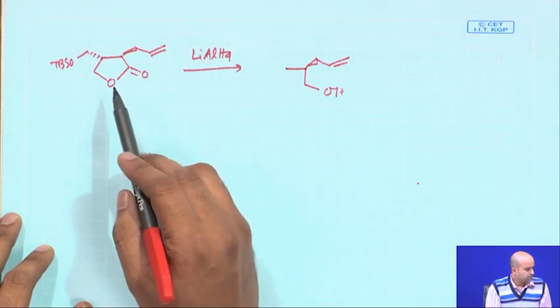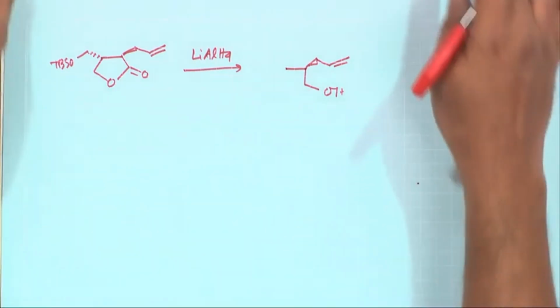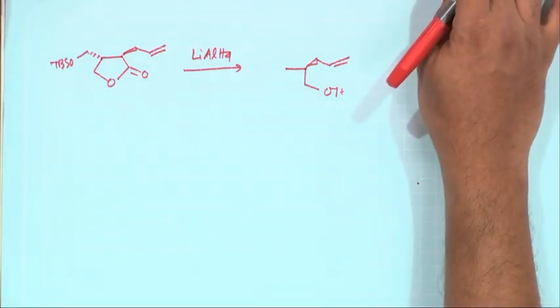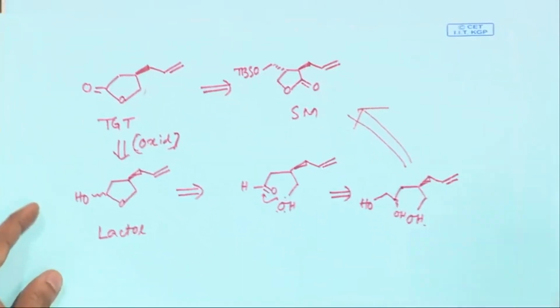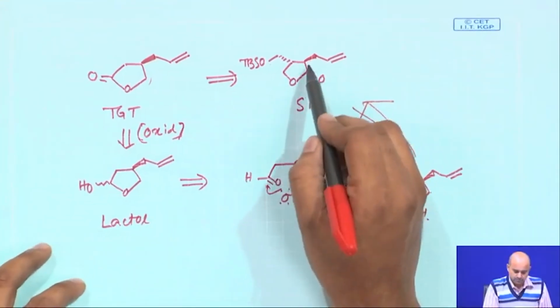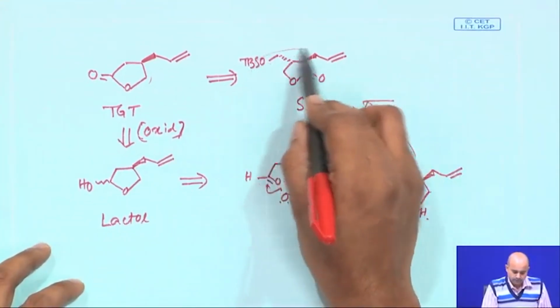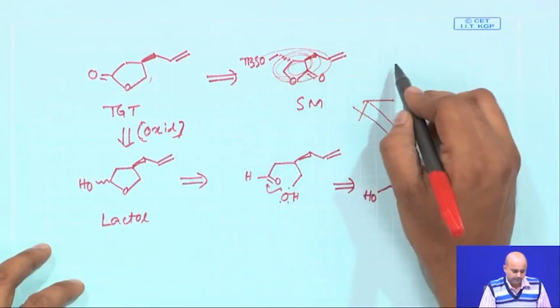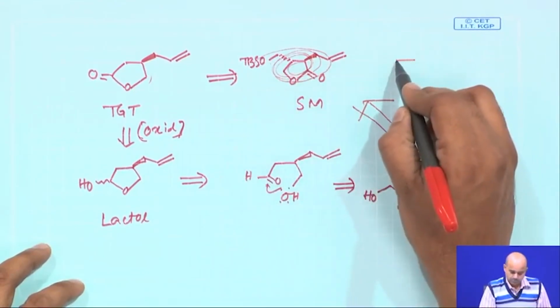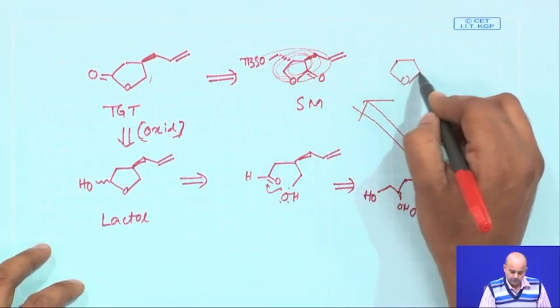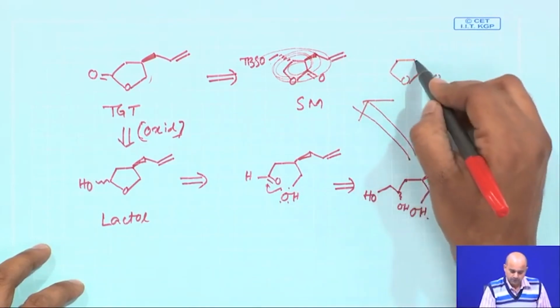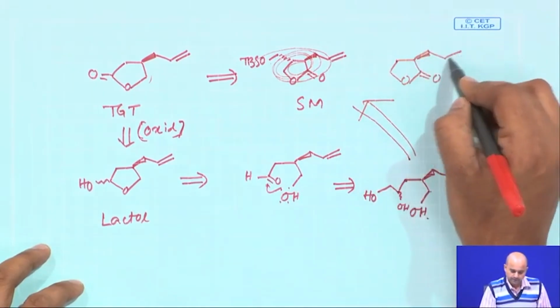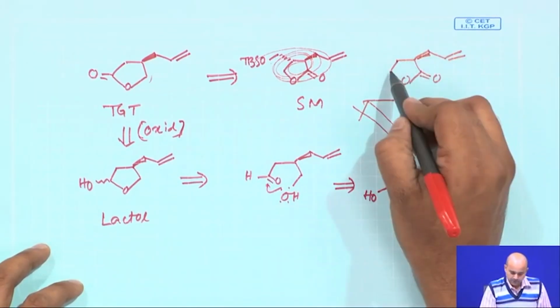I think the starting material was okay. The initial starting material which I have earlier drawn is actually a little bit wrong. Actually the starting material was, that is why the retro was not coming properly. It will be particularly this starting material.